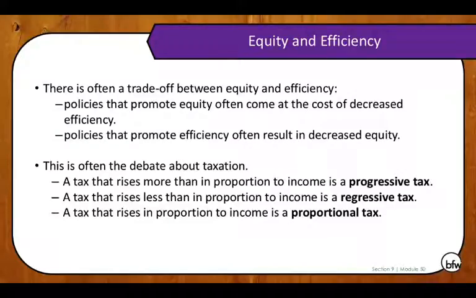Now, that doesn't mean that Republicans and conservatives don't like any equity at all. It just means they place greater value and emphasis on efficiency over equity, and vice versa for people that call themselves liberals and Democrats. It's not that they don't like efficiency at all in the market, they just tend to value equity outcomes a little bit more. So, at the root of our debate surrounding taxes, we often find debates about equity and efficiency.